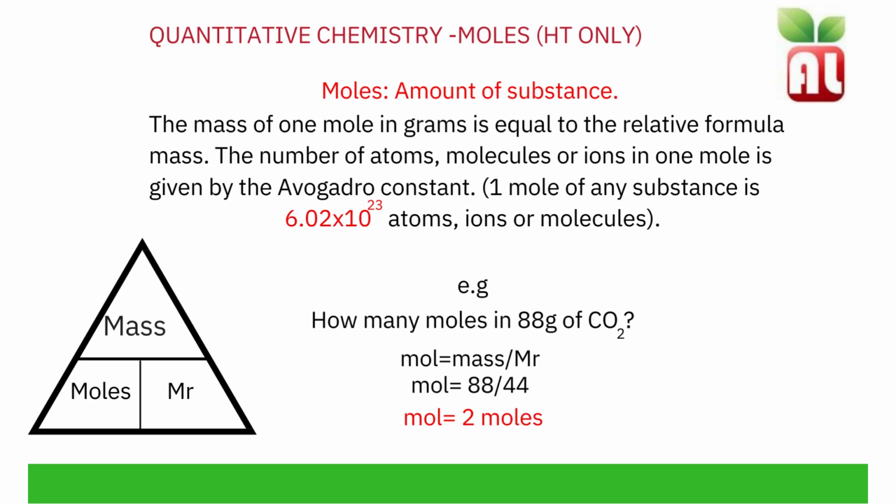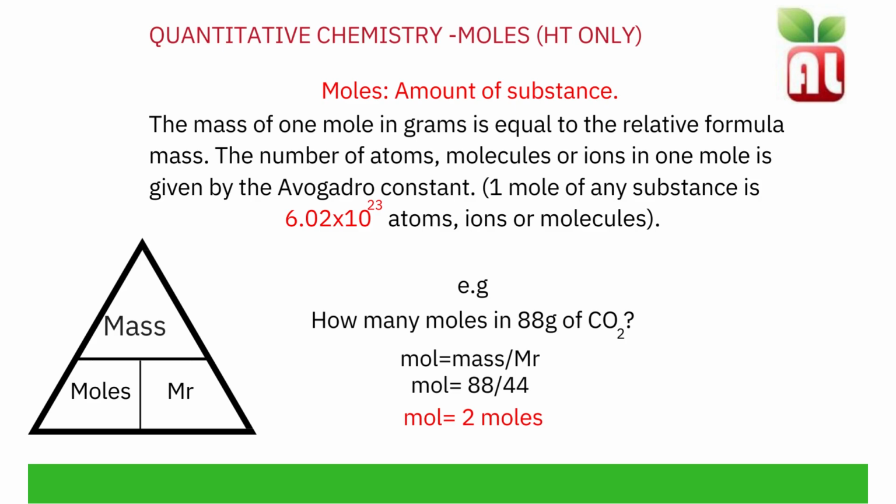To calculate moles, you divide the mass in grams by the relative formula mass of the compound. Example calculation: how many moles are there in 88 grams of carbon dioxide, CO2? Well, moles equal mass divided by relative formula mass.